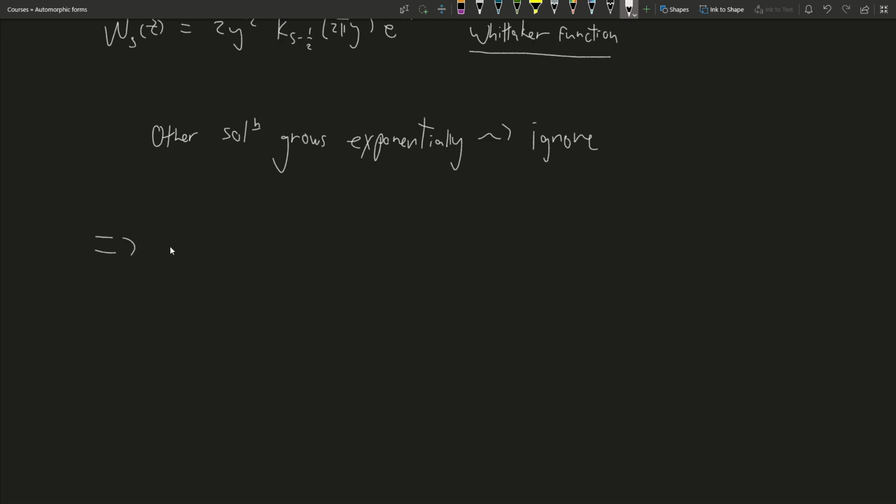So what we end up getting is, and the reference I'm going to give for this is proposition 1.5 in Iwaniec, the textbook Spectral Methods in Automorphic Forms.